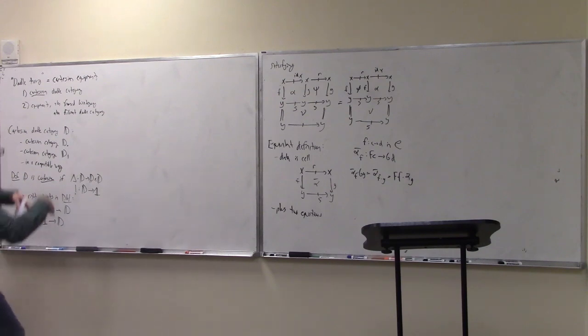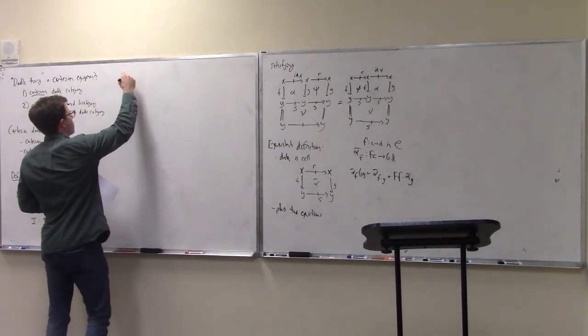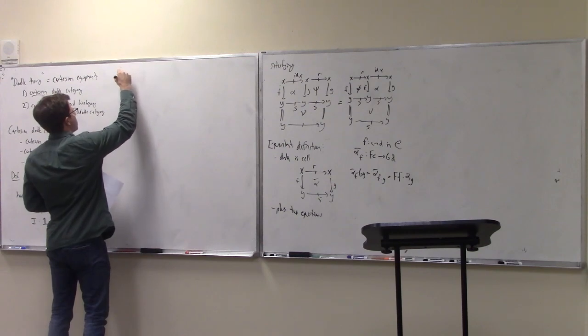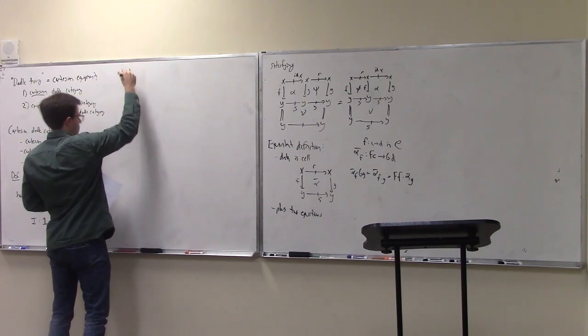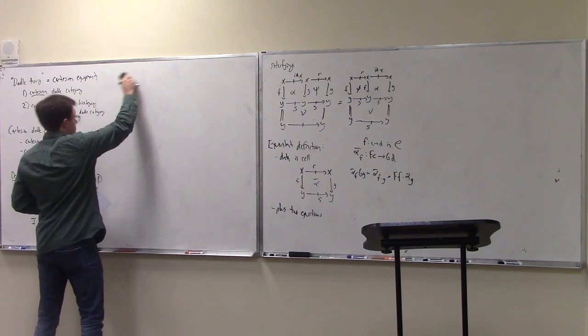So in other words, what can you do if I have two cells, alpha, alpha prime? Let me try this.